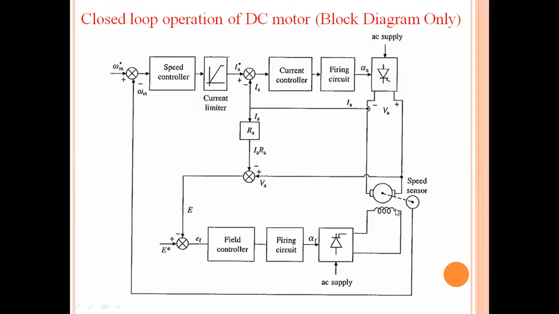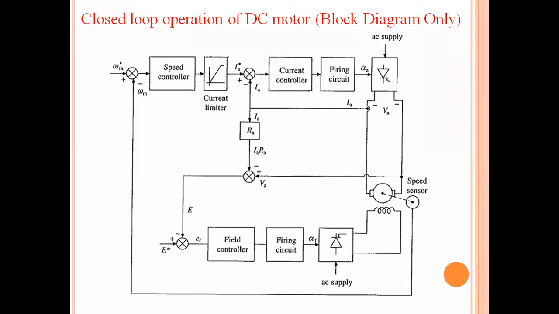Now the motor is running at 1500 rpm. After some time, I want to increase the speed of the motor to 1800 rpm. So you can keep 1800 rpm here. So this is the set value, which means our required speed. So we can set this value so that the motor will change its operation from 1500 rpm to 1800 rpm.